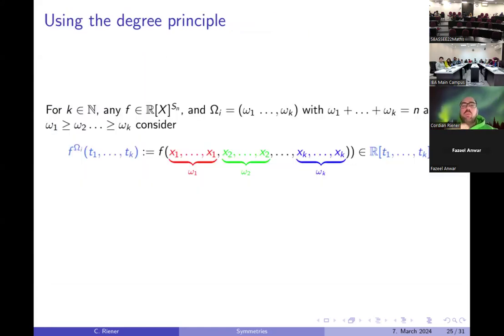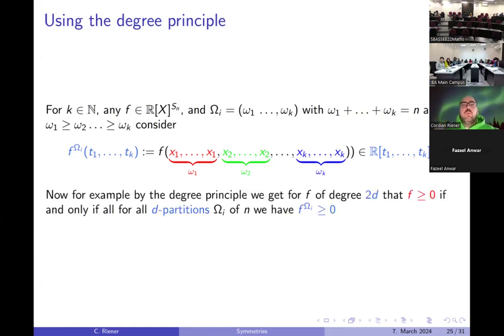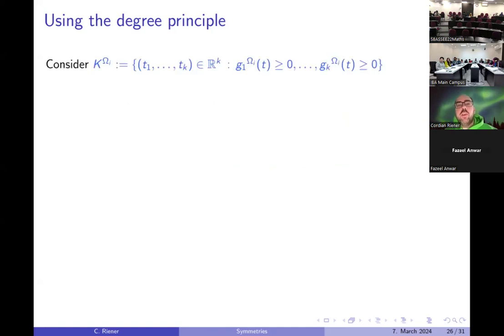How do we do this? I'm maybe running out of time now, but the thing is, you look at all the possibilities of building points with k distinct coordinates, and then you branch your problem into different subproblems, namely you check all of these various choices. Essentially, instead of one problem in n variables, you get some number of problems in k variables, and the minimum of your original problem is the minimum over all of them.